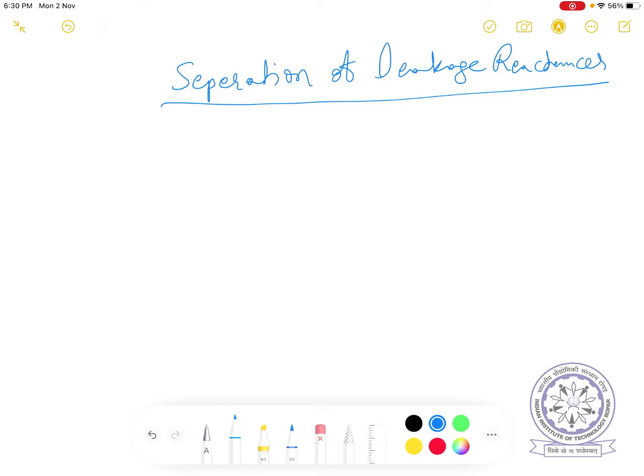So I am drawing here the equivalent circuit. The first one is R1. Now JX1 I will write. And then JX2, R2.